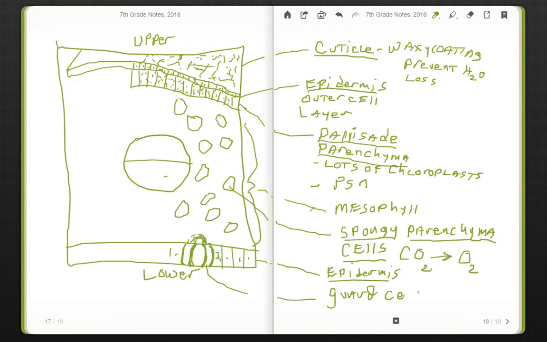If we look at the guard cells, they're super important. They look like this. They always are in pairs.